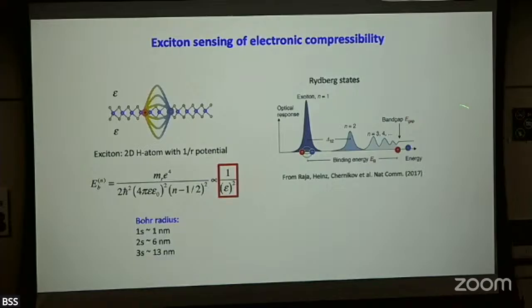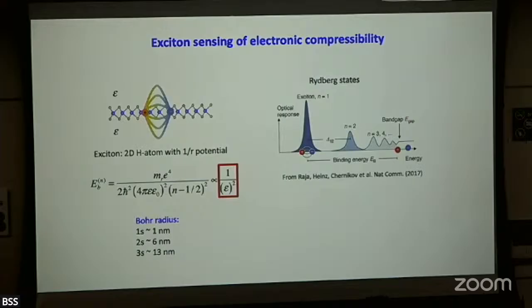And from early studies, we also know that you can detect a series of those exciton states, like in an atomic system, like 2s, 3s, whatever, these exciton states. And they have different Bohr radii. For the 1s state, this fundamental exciton, it's tightly bound, it's small. If you look at the 2s, 3s, they are much bigger.